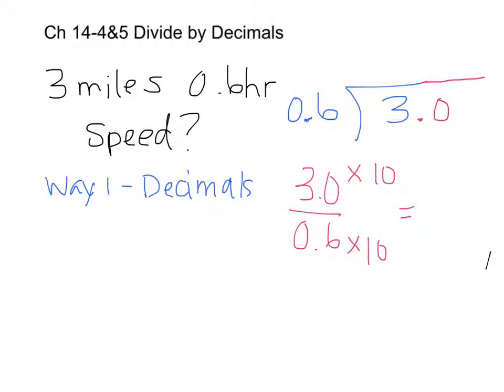So 3.0 times 10, you move the decimal place 1 position to the right, and that gives me 30. And same with 0.6, that gives me 6.